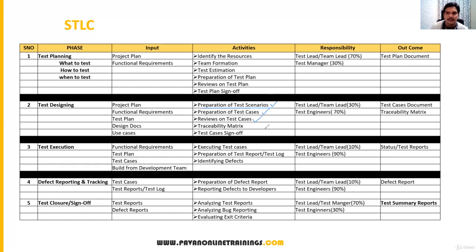Once the peer review is completed, you review the test cases with the development team as well as the product managers. That means everyone involved in the project, including development, testing, and project management. Everyone sits together and officially conducts a review meeting.